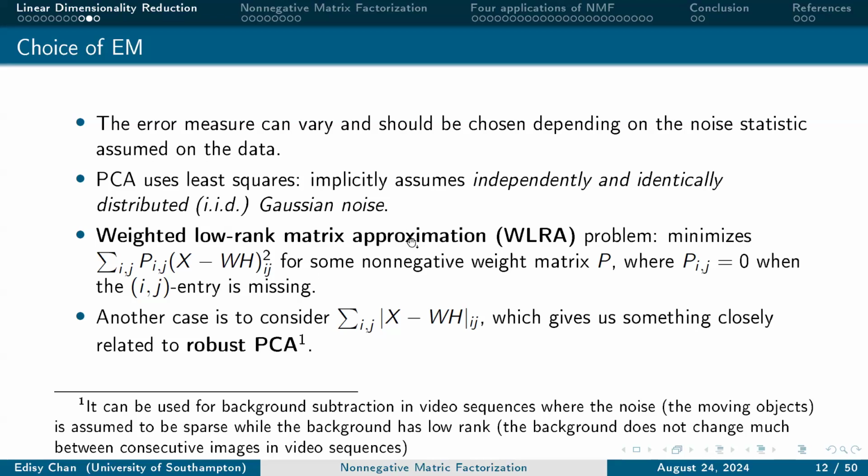Another case is to consider the absolute matrix norm of the residues, and this gives us something called robust PCA. This kind of technique can be used for background subtraction of video sequences, because in that case the background has low rank and the noise is assumed to be very sparse.